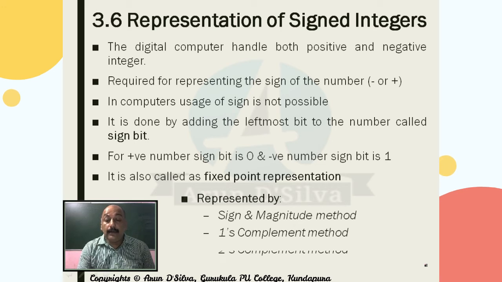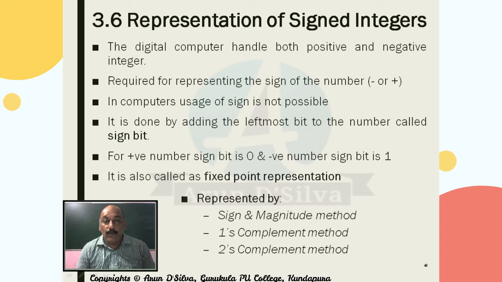And the third method is the two's complement method. In these 3 ways, the computer represents positive and negative numbers. My dear students, we are going to learn how in all these 3 methods we can represent the negative numbers as well as positive numbers.